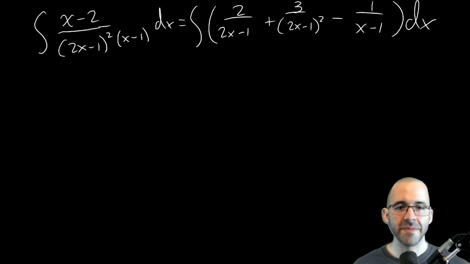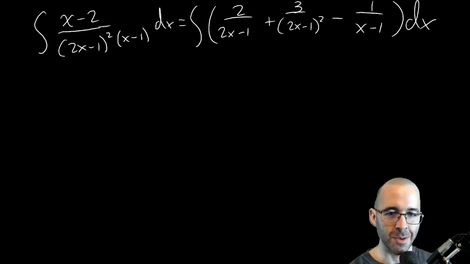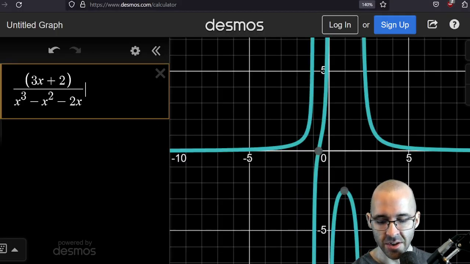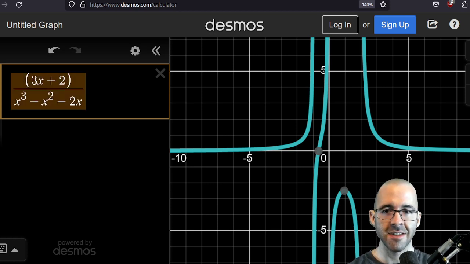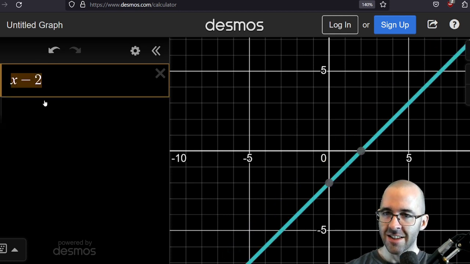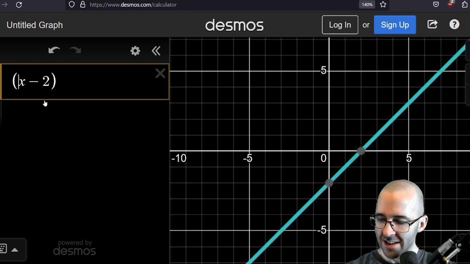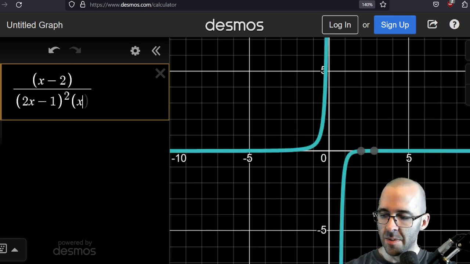There we go. Now, of course, we're going to check our answers because algebra is hard. The real way to check your answer is to just combine fractions. The fast way to check your answer is like this. X minus 2 divided by 2x minus 1 squared times x minus 1.